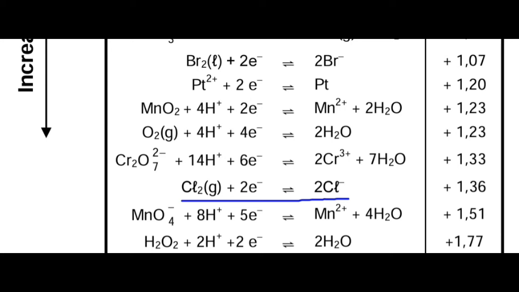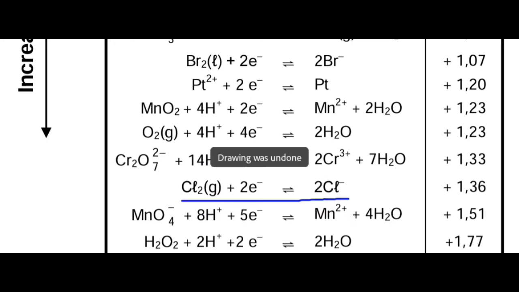The cathode becomes bigger, but with the anode, there is always a breaking down. Because it's oxidation, there is a breaking down, and we know that it's going to move from one compound to many. So it means that you write it from right to left. But if this was the cathode, then there was going to be a building up, meaning that two things will join to become one. So that's how it is.